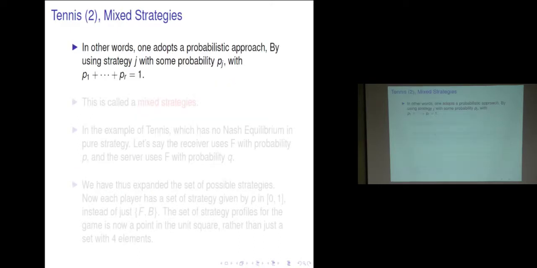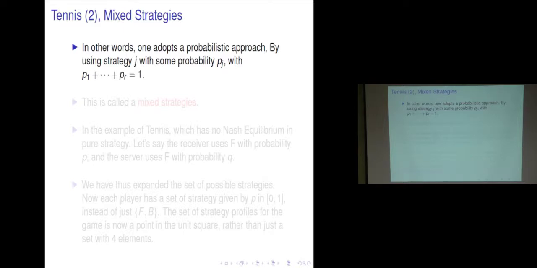Here is the official description of mixed strategies. One adopts a probabilistic approach by using strategy j with some probability p_j, where the sum of the total probability is 1. In our course, I think r is at most 3.